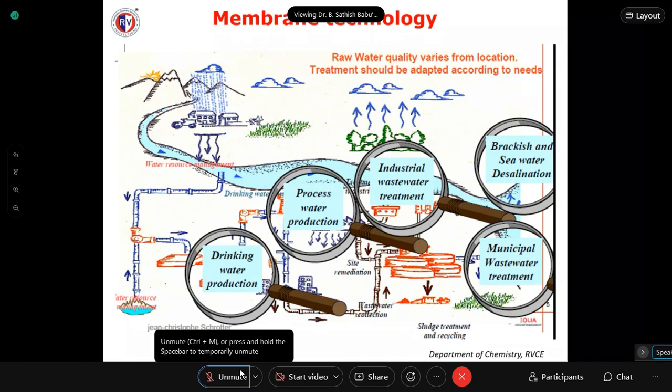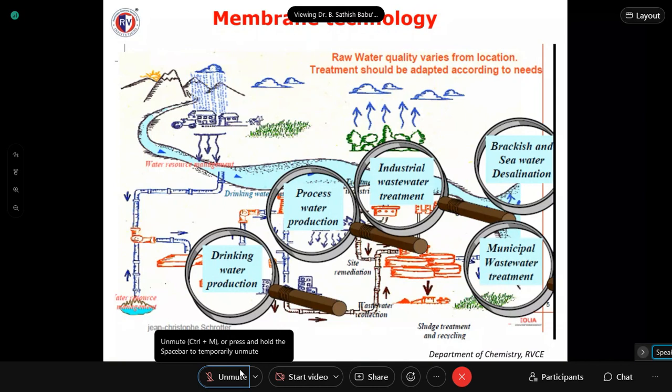And municipal wastewater treatment. This municipal wastewater contains what? A lot of organic load, inorganic load, right? Kitchen waste, everything it contains. It has to be purified, and then it should be discharged into rivers and other lakes. Otherwise, it creates water pollution.